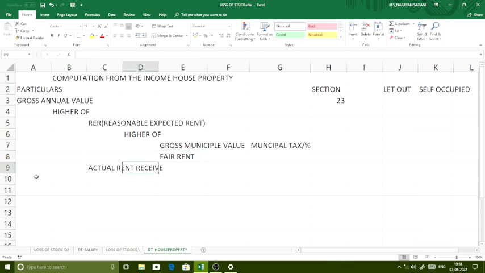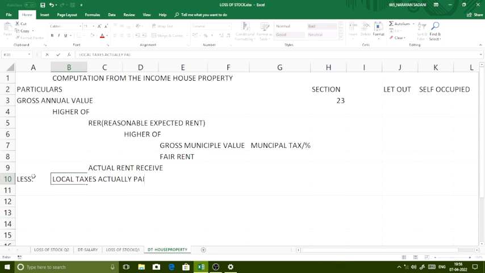And the actual rent. After the gross annual value, we have some parts which we are going to less, like the local taxes actually paid.